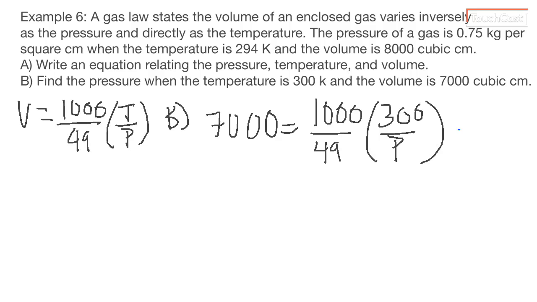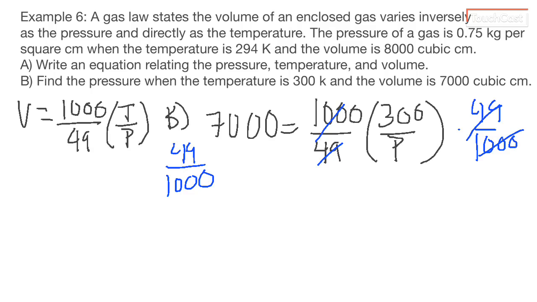So I'm going to multiply both sides by 49 over 1,000. That's going to get rid of that on the right side, and if I multiply that on the left, the 7,000 can simplify to just a 7. So we're going to have 49 times 7, which is equal to 343. So we're going to have 343 is equal to 300 over P.